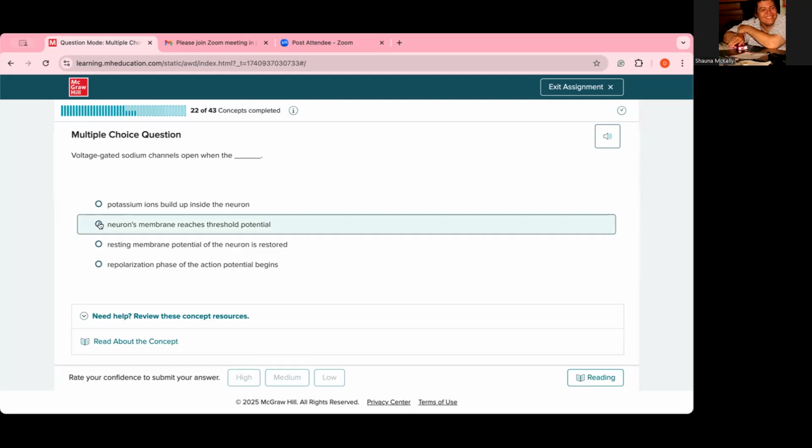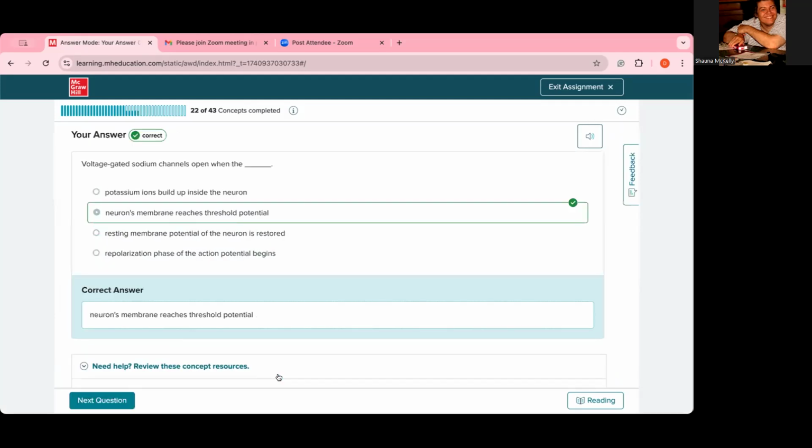We read about sodium, but not potassium. Yeah, I think it's that one. It reaches the threshold. It has to reach threshold in order to open.